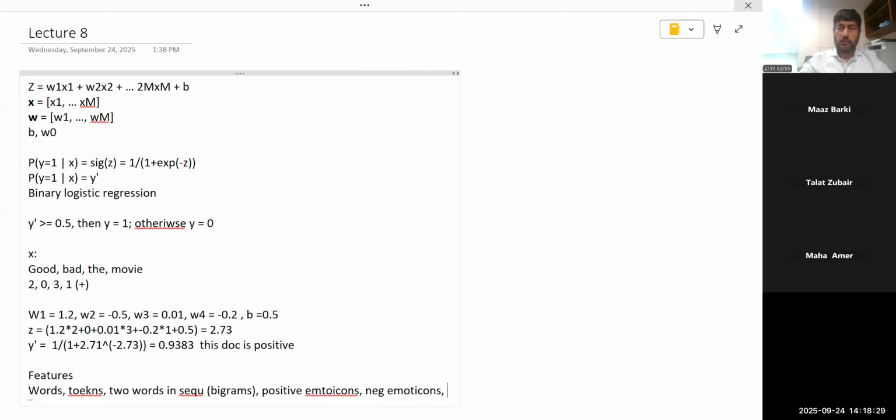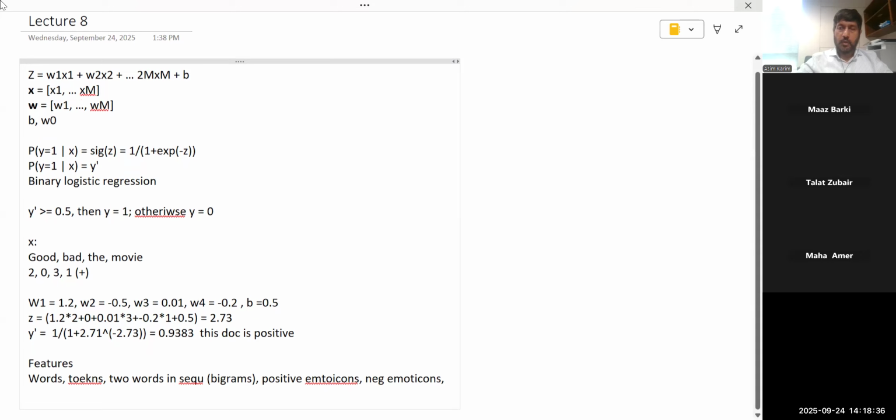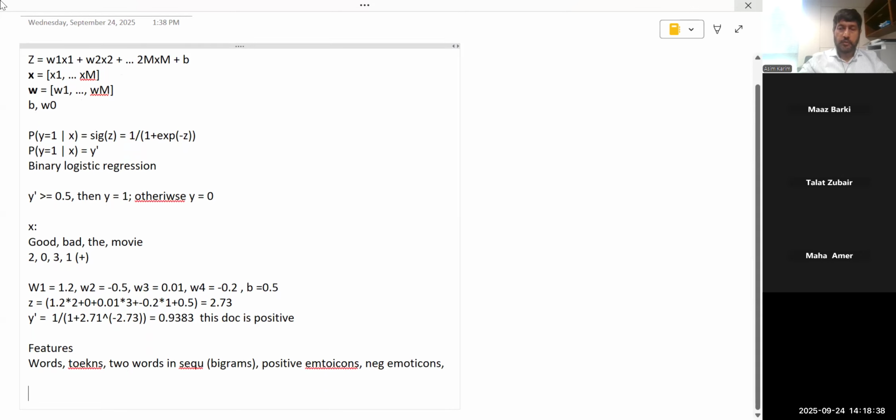So in polarity classification problem, these would be helpful. For example, let's say if you're using spam classification, you might want to include features like, so for example, a binary feature like is the sender email or domain in block list.